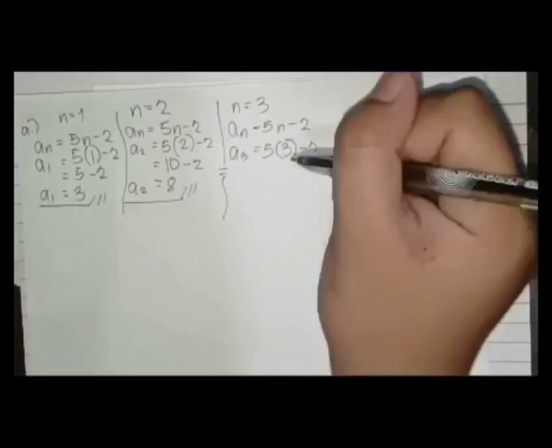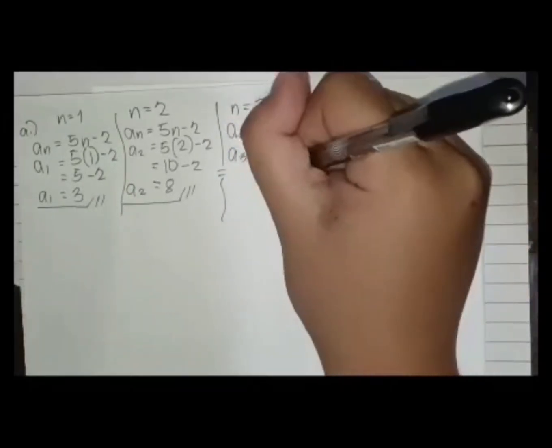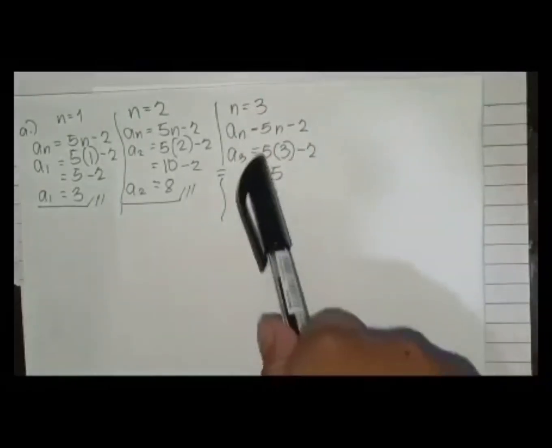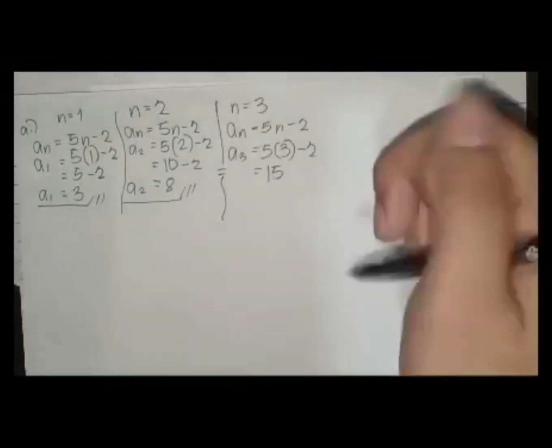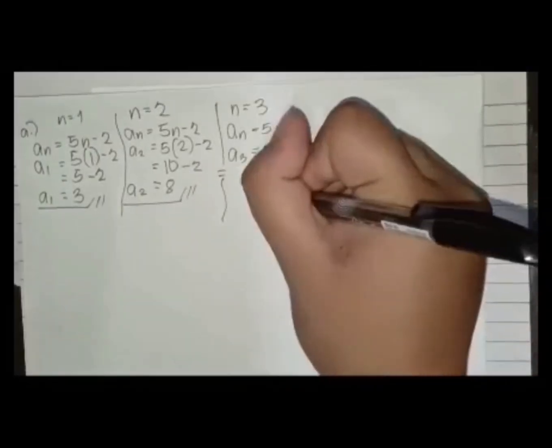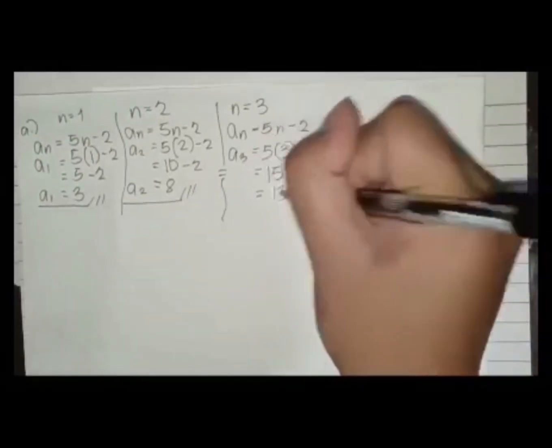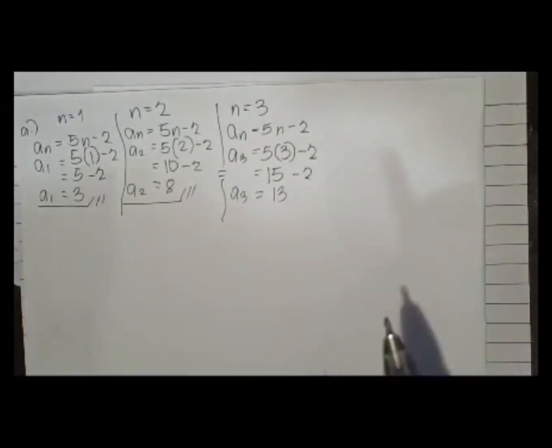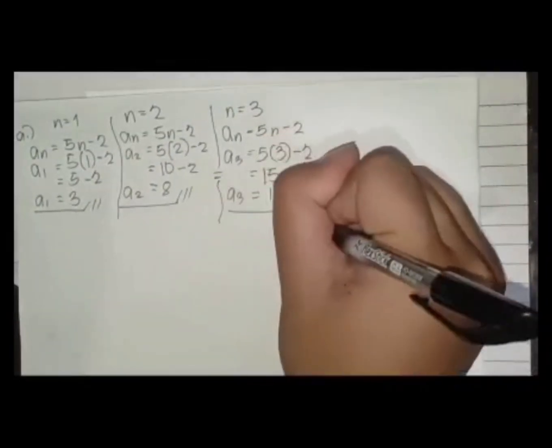So, 5 times 3 is equal to 15. So, 15 minus 2 is equal to 13. So, the value of our third term is 13.